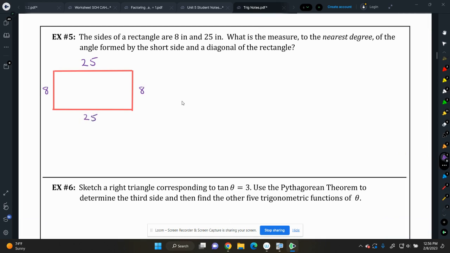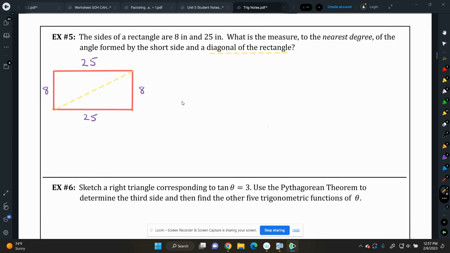What is the measure to the nearest degree of the angle formed by the short side and a diagonal of the rectangle? Okay, so I read all that. It was kind of like, what? Okay, so what I noticed is diagonal of the rectangle. So I'm going to draw a diagonal of the rectangle. So there's one. I don't have to draw both of them, right?